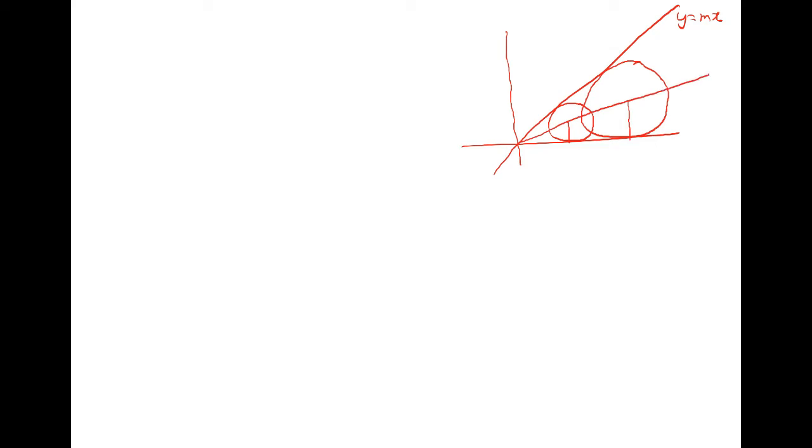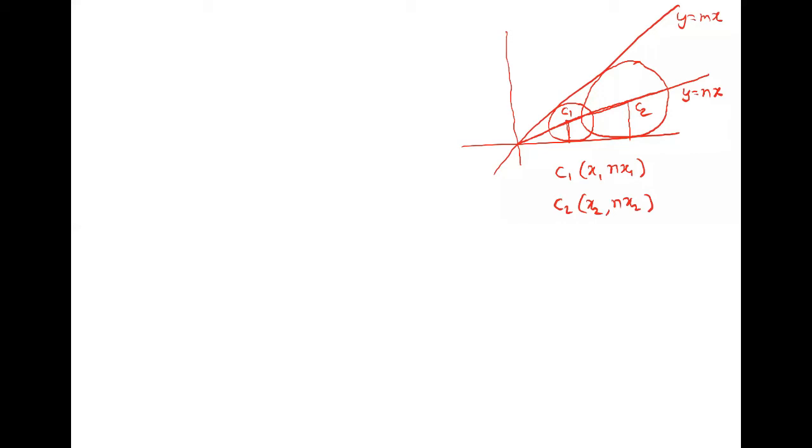I name this line as y = nx. Now, center coordinates. This is C1 center and this is C2 center. I take center as (x1, nx1). Why? Because it is lying on the line y = nx, passes through origin. Like this. What is C2? C2 is (x2, nx2).